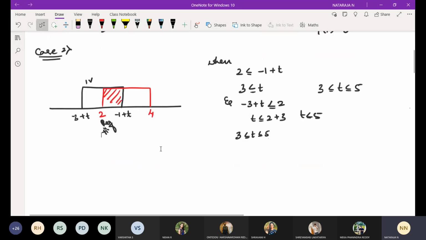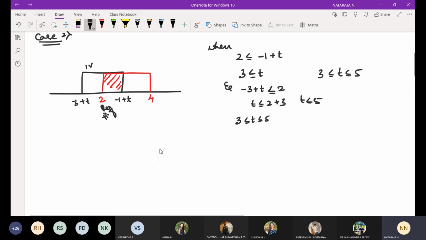For this I need to integrate. That y of tau is equal to the integral from 2 to minus 1 plus t, the overlap portion. Both the amplitudes will be 1, so 1 into 1 into d tau. That is equal to tau from 2 to minus 1 plus t.